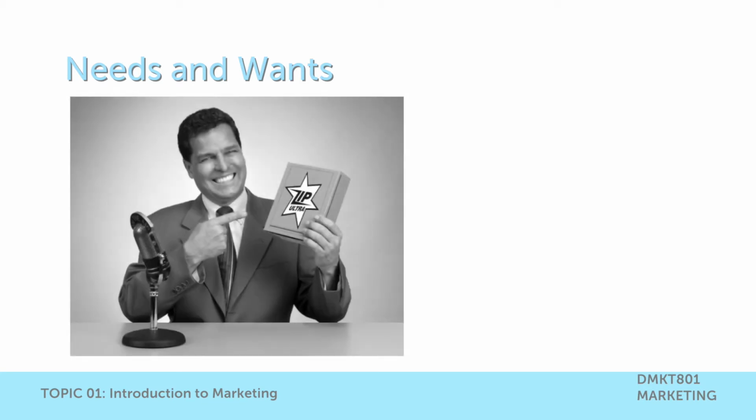Many sellers make the mistake of paying more attention to the specific products they offer than to the benefits and experiences produced by these products. These sellers suffer from marketing myopia. They are so taken with their own products that they focus only on existing wants and lose sight of underlying customer needs.